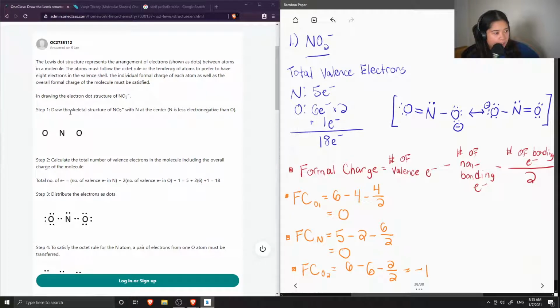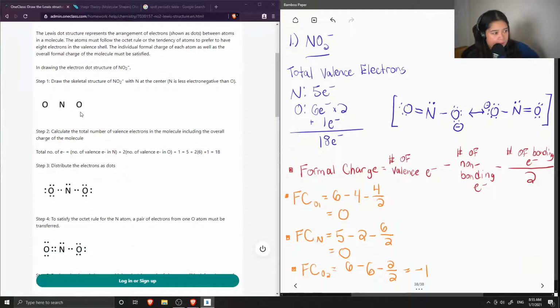In drawing the electron dot structure of NO2-, we first draw the skeletal structure with the nitrogen in the middle. Nitrogen is less electronegative than oxygen. And also we can estimate which atom is the central atom just because there's only one of it and there are two oxygens.